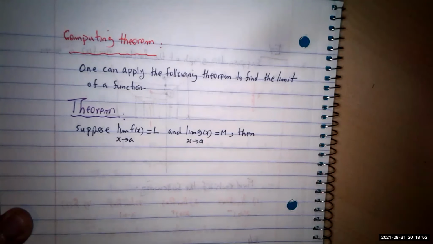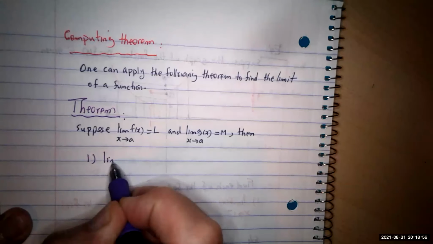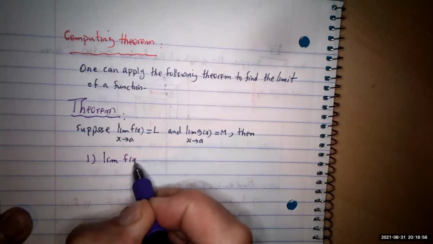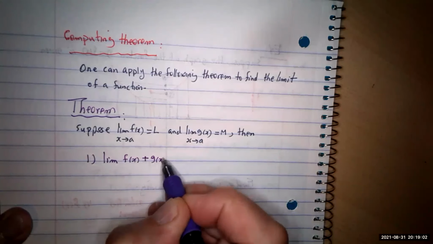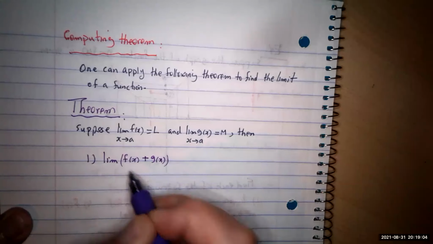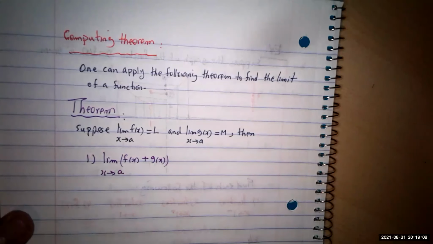The first one, addition. If you want to find the limit of f of x plus g of x when x goes to a, it is the limit of the first one plus the limit of the second one. It's like distribution.